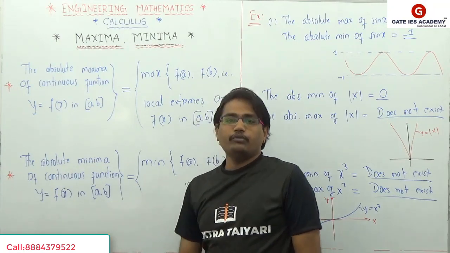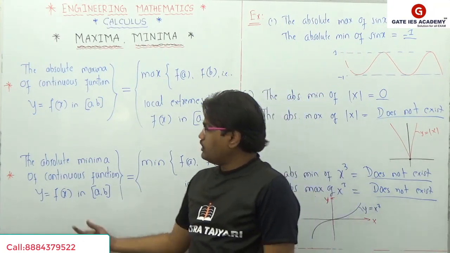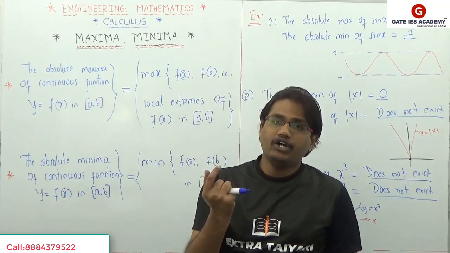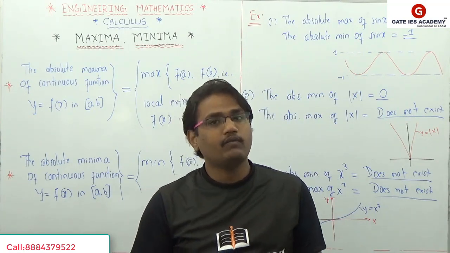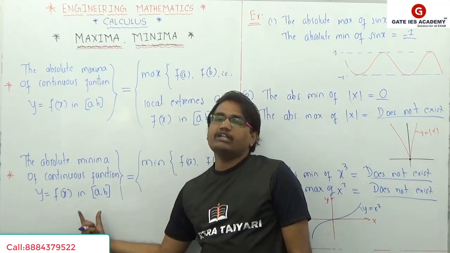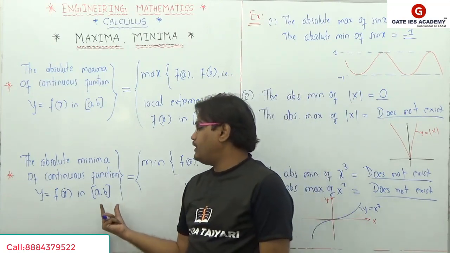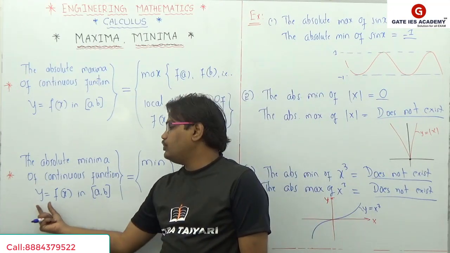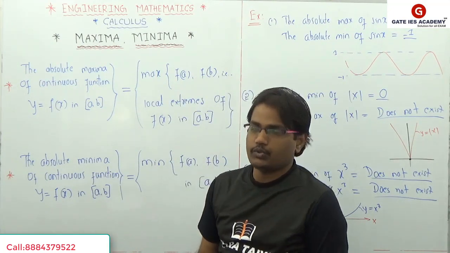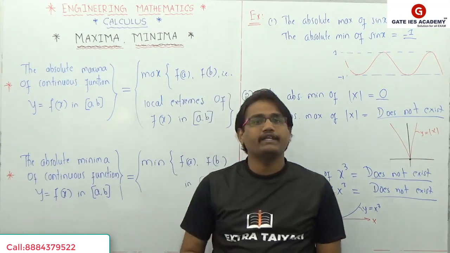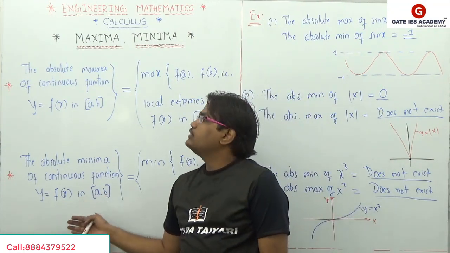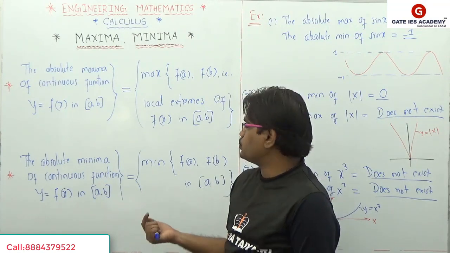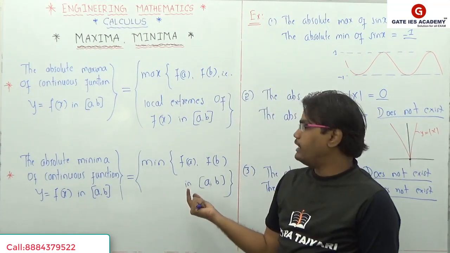Now what is the absolute minimum value? Means where is the curve going to get a minimum value. That too in the given interval a comma b, you will be equating dy by dx equal to 0, right? So there you will be getting the stationary points. Those things we will be seeing with examples also. Now what is the absolute minimum?